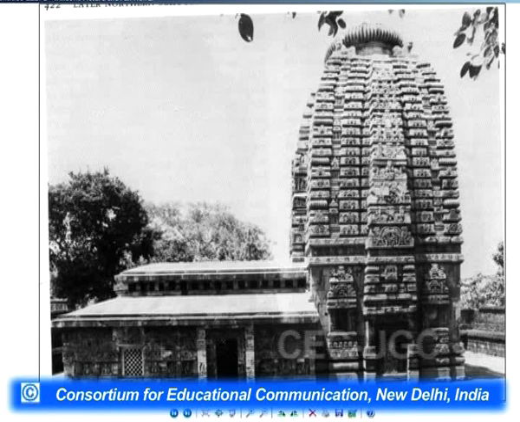One kind of superstructure which has curvilinear kind of shape is known as Rekha Deul, which has pyramidal kind of shape is known as Pidha Deul, and which has barrel shaped superstructure that is known as Khakhara Deul. So, Odisha has also three different kinds of superstructure.